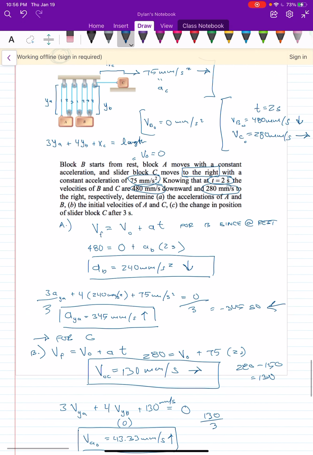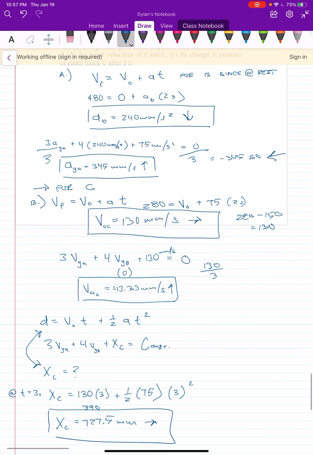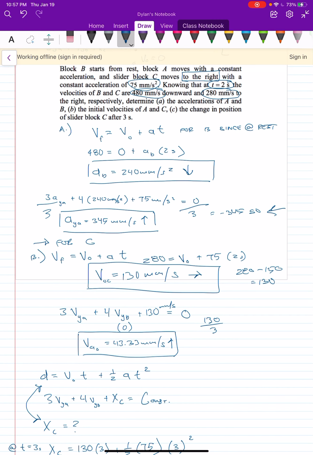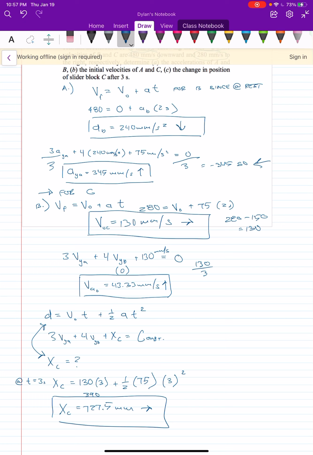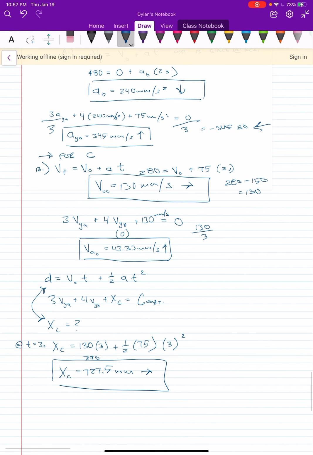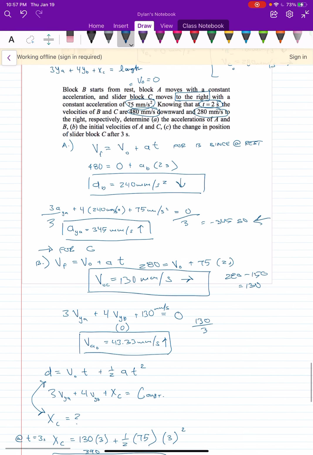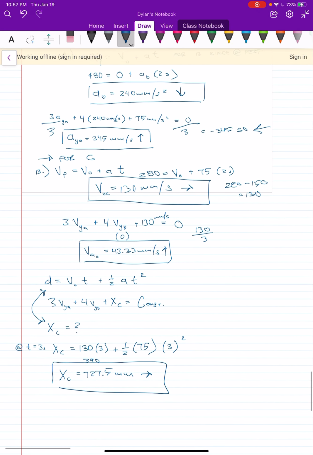From there, it asks for the initial velocities of block A and C. So I started with block C with the same kinematic equation as above, plugged in all of my known values, and got my velocity for C. I then did the same thing, but since I had more unknowns for my A or YA, I had to use the original equation that I set up, 3YA plus 4YB plus XC equals some constant.